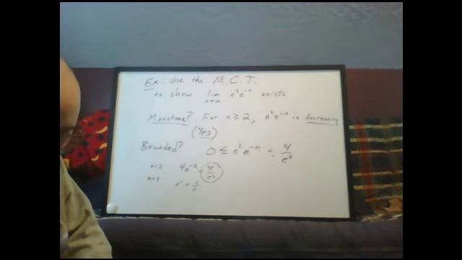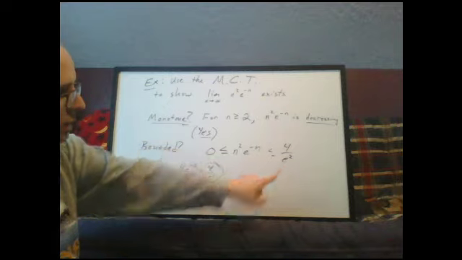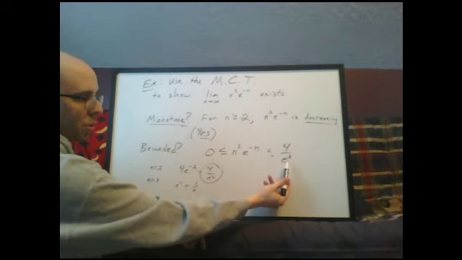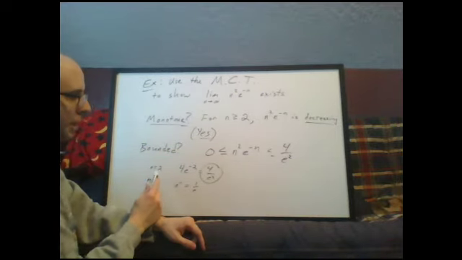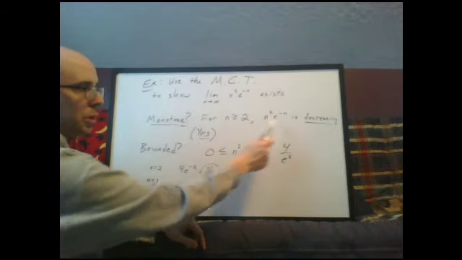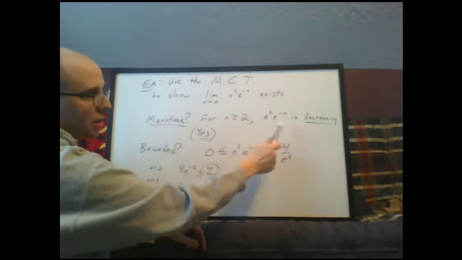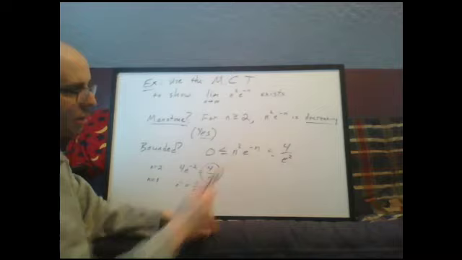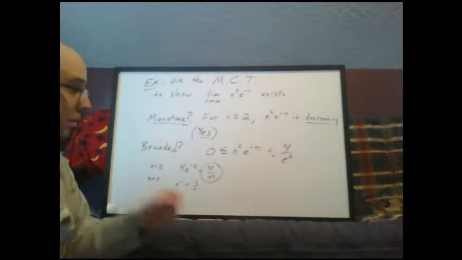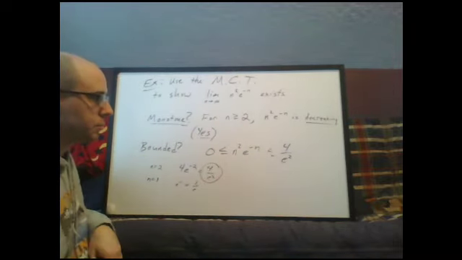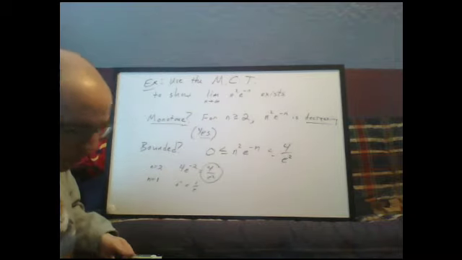So again, I know that this is less than this because this is what we get when n equals 2, and everywhere after n equals 2, I have a decreasing sequence. So the outputs are shrinking. So this is a peak. All right, so we've got bounded.